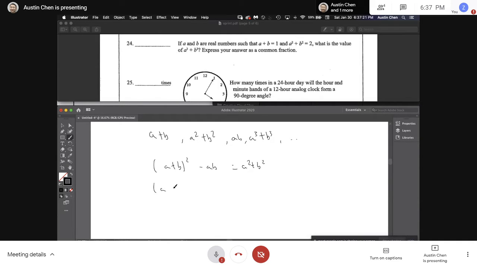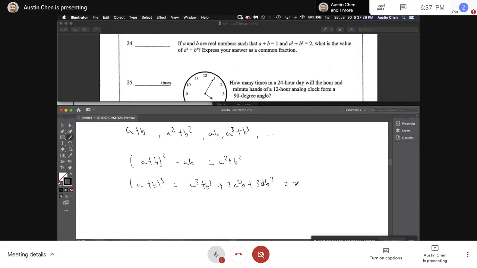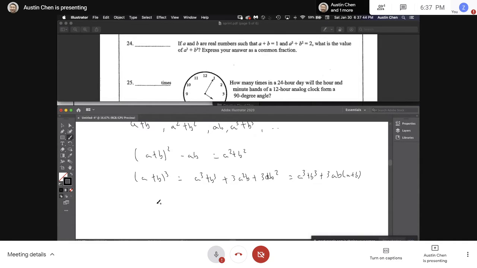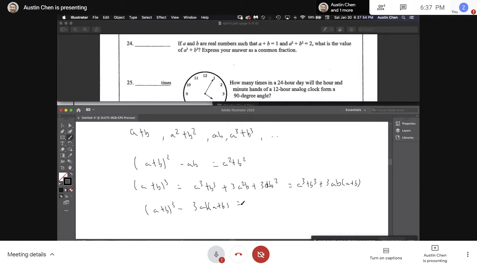Then you can cube a plus b, which equals a cubed plus b cubed plus 3a squared b plus 3ab squared, which is a cubed plus b cubed plus 3ab times a plus b. So a plus b cubed minus 3ab times a plus b is equal to a cubed plus b cubed.